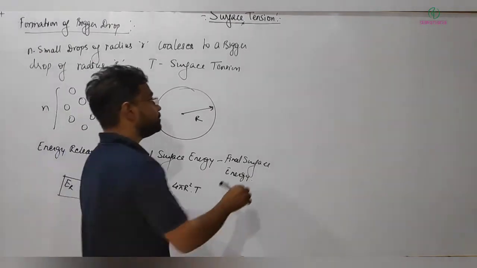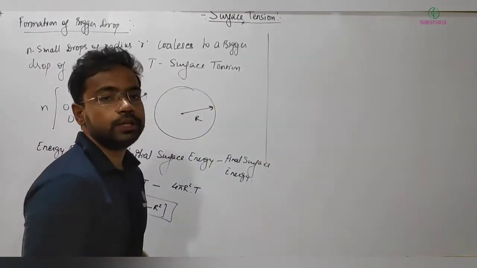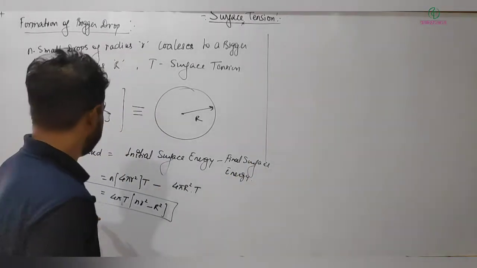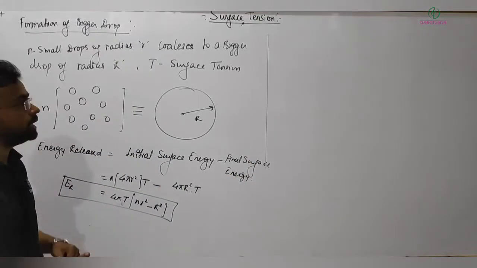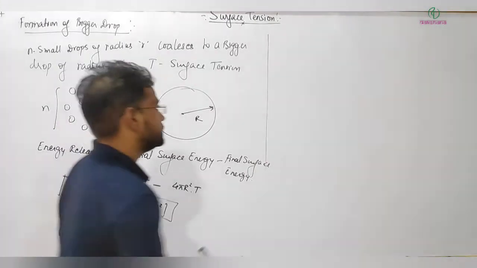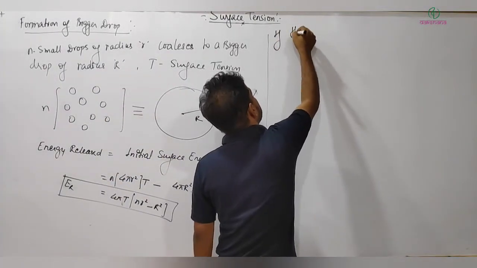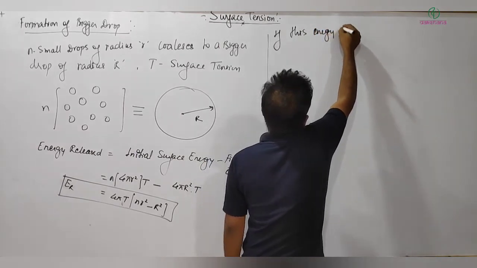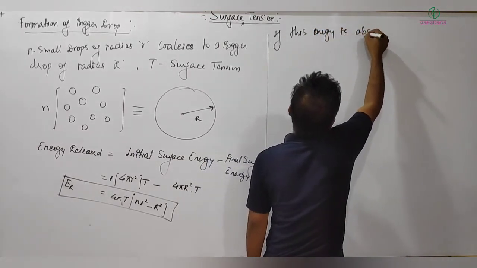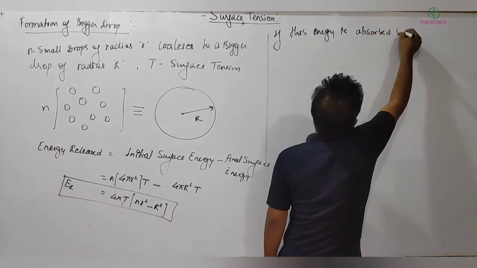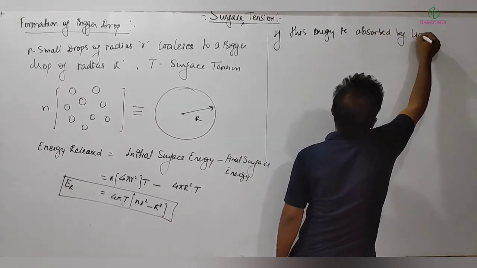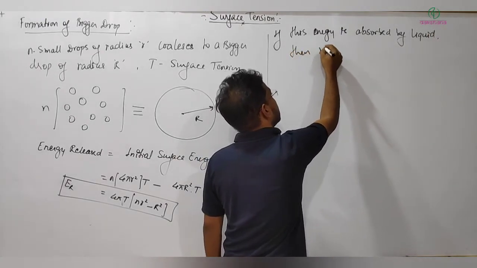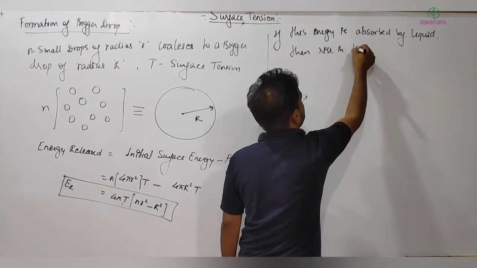Now if this energy is not taken outside, then what will happen? It will be used for increasing the temperature. So if this energy is absorbed by the liquid, then we can write the rise in temperature.